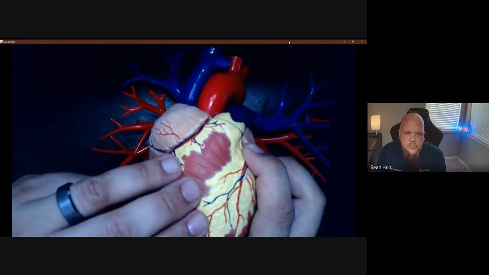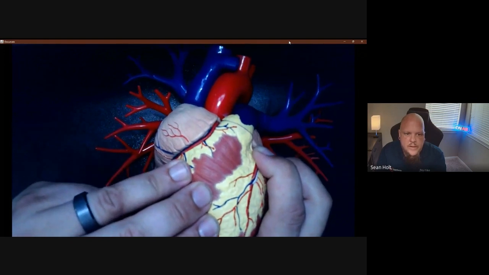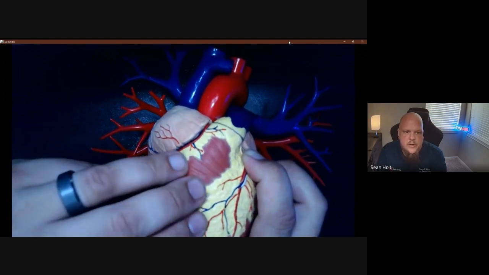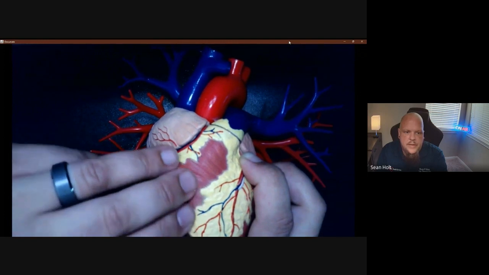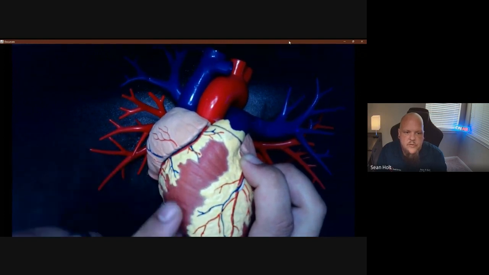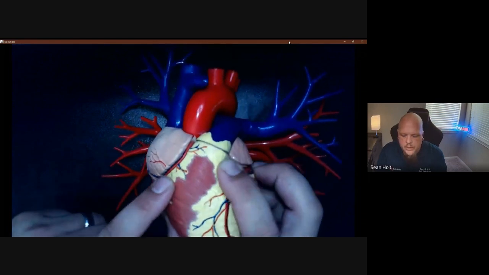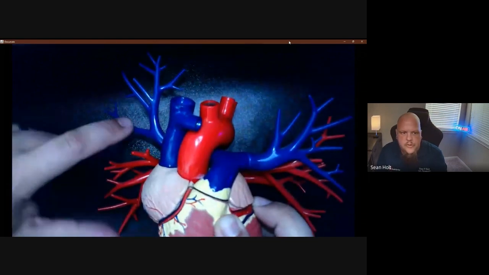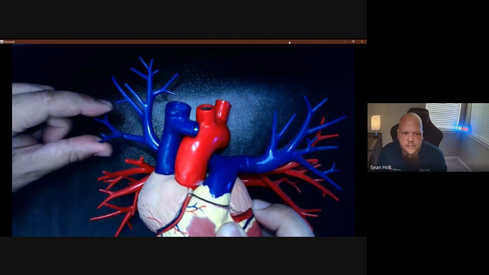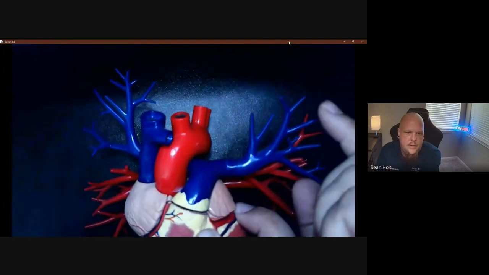It passes through a valve called the tricuspid valve. The tricuspid valve we'll talk about and see a little bit later on, but this is the right ventricle. The right ventricle is going to pump blood through what we call the pulmonary arteries, and that's these blue ones back here, and these over here.